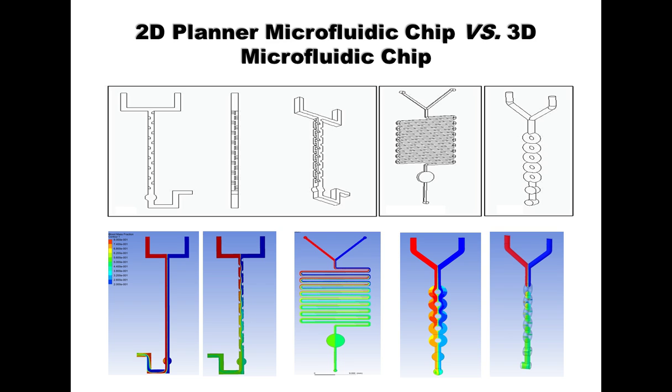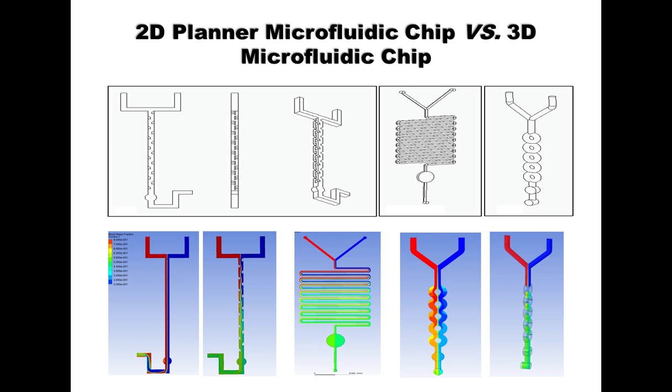But with the three-dimensional microstructure, we can generate local turbulence and substantially enhance the mixing process. The mixing can happen right away in a very short time, in a few seconds, which is much more efficient compared to the planar chip with the classic serpentine channel, as we show in the middle of the bottom simulation.